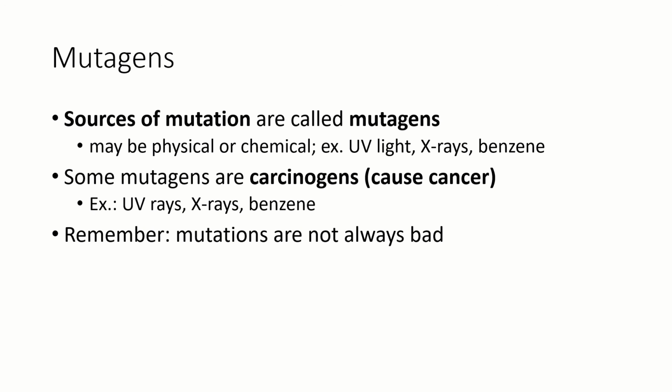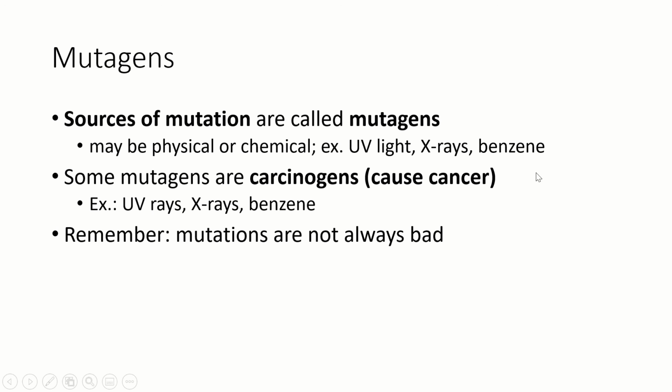You've heard that sunlight can cause skin cancer because it causes a mutation inside the DNA, inside skin cells. X-rays can also cause mutations, which is why they put a lead apron on you whenever you get an x-ray. That's to limit the amount of your tissues that are exposed to those x-rays.